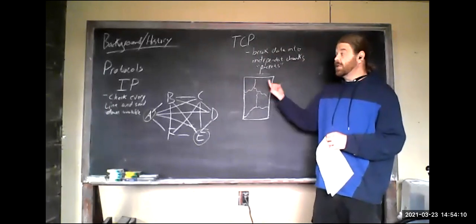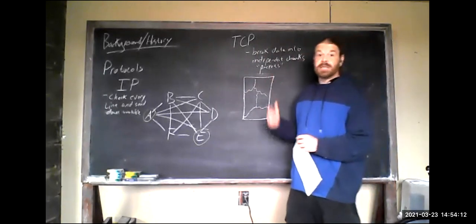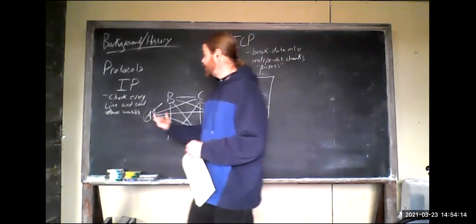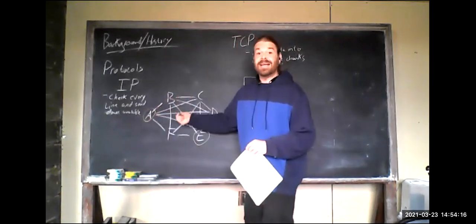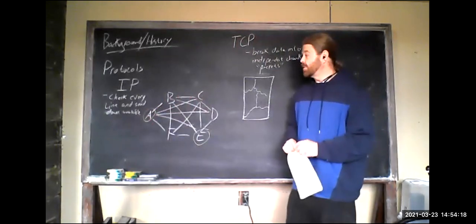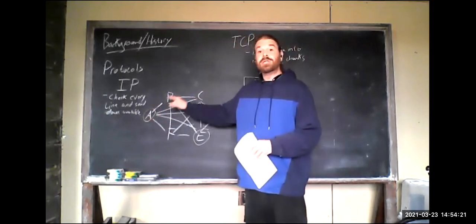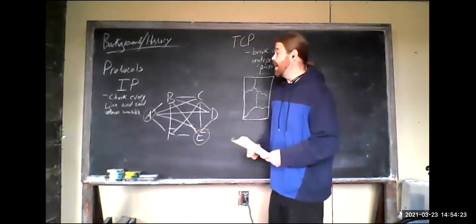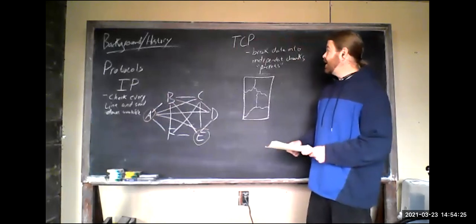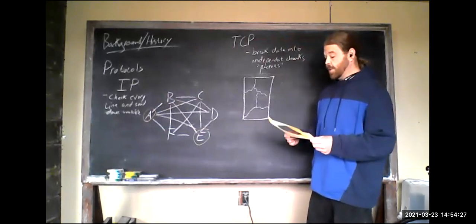We have small chunks of data from the Transmission Control Protocol, all traveling independently through a network, so that we should always be able to find an open line to send that packet. And that gives us a reliable way.